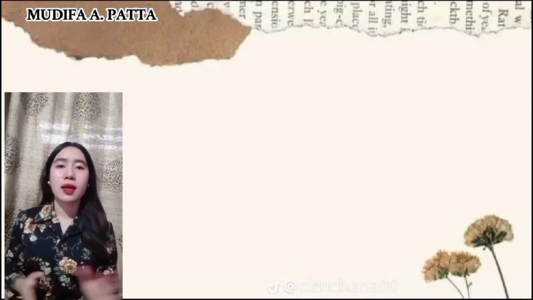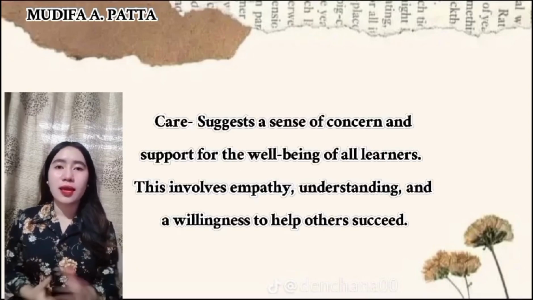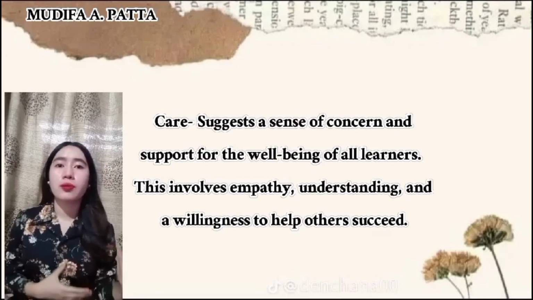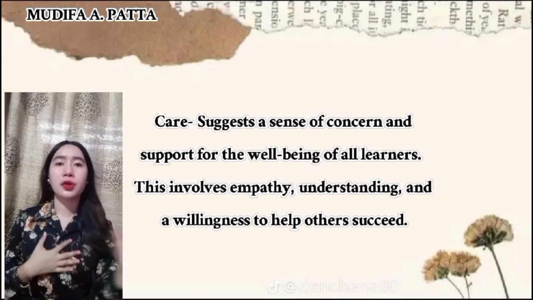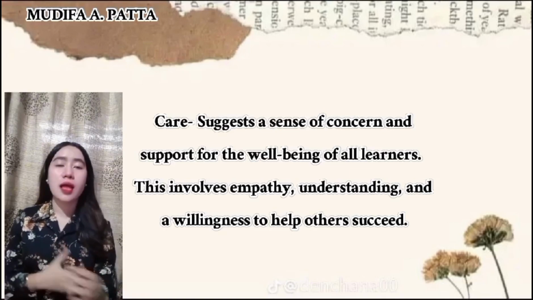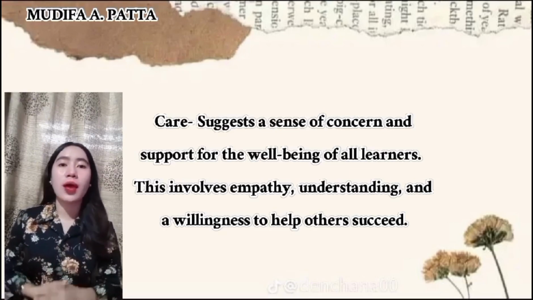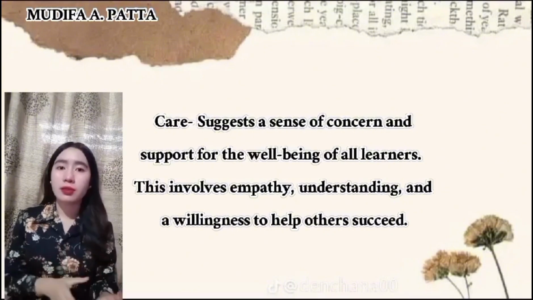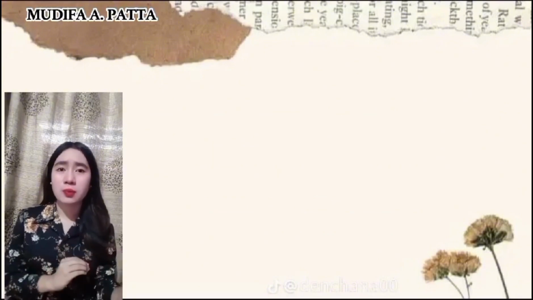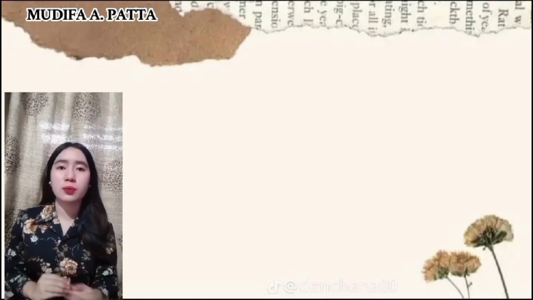Number 3, care. Care suggests a sense of concern and support for the well-being of all learners. This involves empathy, understanding, and a willingness to help others succeed. Showing care means prioritizing student well-being.